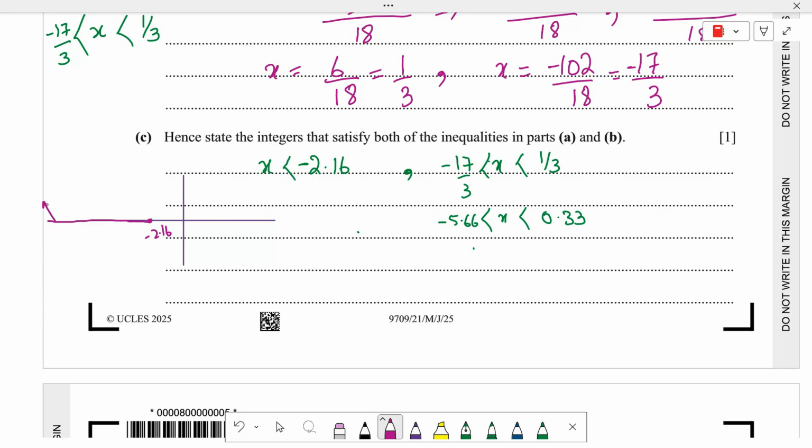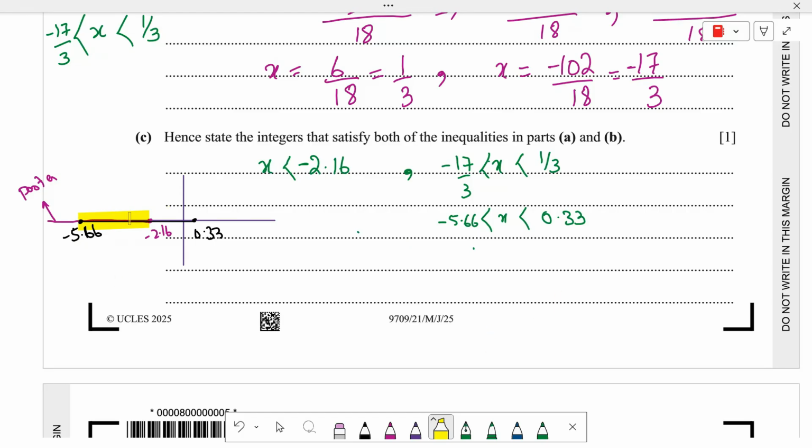So this one is part A. And if we plot the range of part B, this will be from 0.33 down to negative 5.66. We need to find the integers that satisfy both ranges. So this is the common range, from negative 2.16 to negative 5.66.